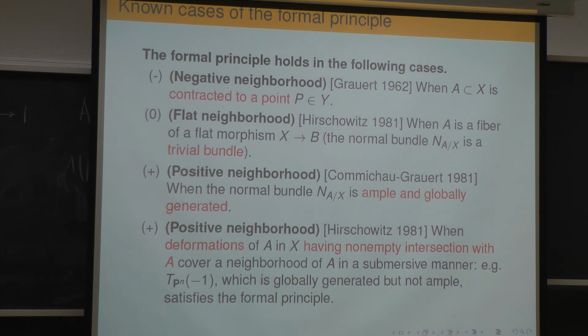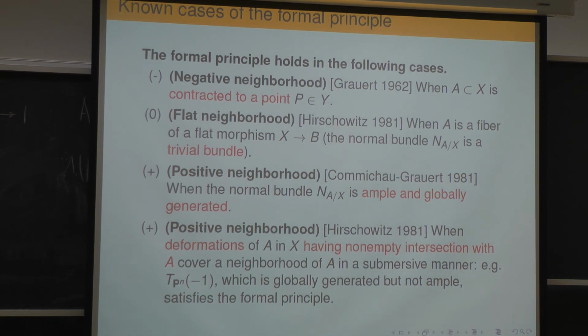So there are cases, the negative case, the flat case, and the positive case, where the formal principle holds. But the difficulty of the problem is, even if you know that vector bundles V1 and V2 satisfy the formal principle, does the direct sum satisfy the formal principle?